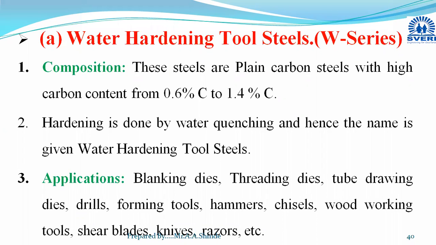And one more disadvantage is that whenever you use these steels at higher temperature ranges, decarbonization will take place. Decarbonization is nothing but loss of carbon. Loss of carbon will occur at higher temperature ranges, and then oxidation will occur when elements present in these steels, like carbon, come in contact with oxygen, and carbon dioxide is produced.